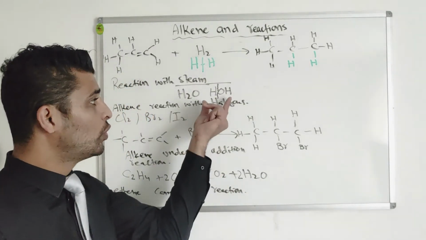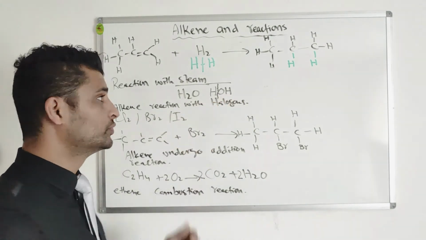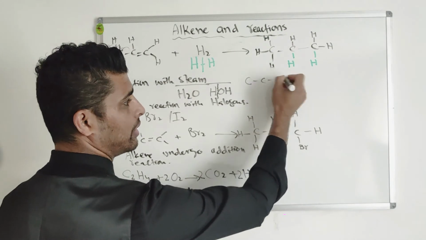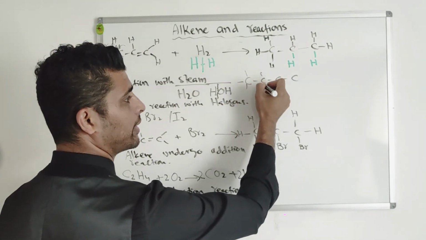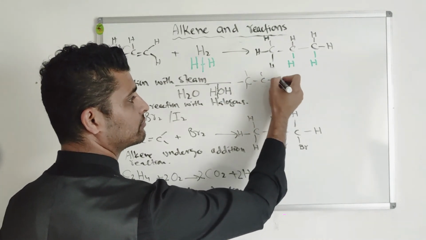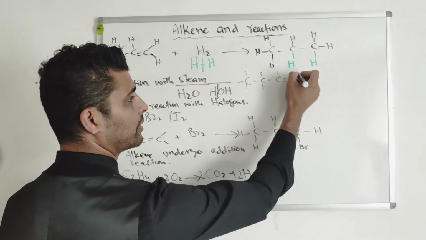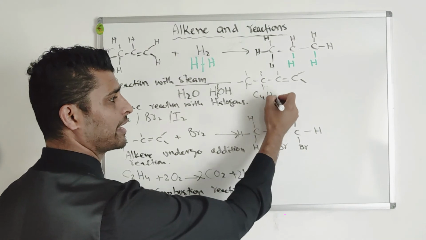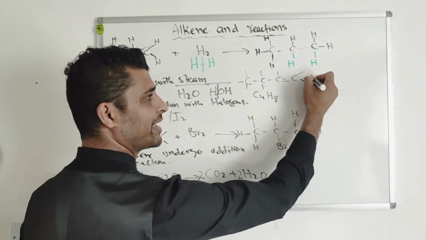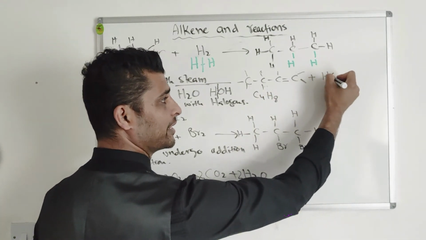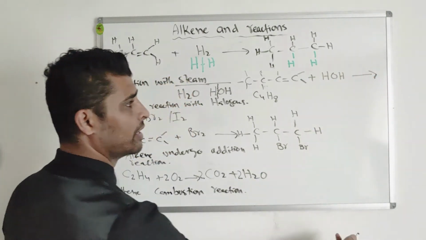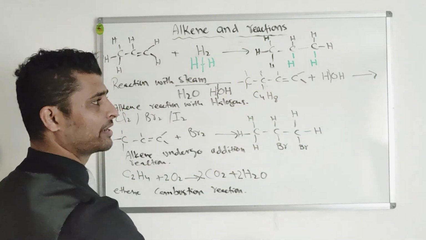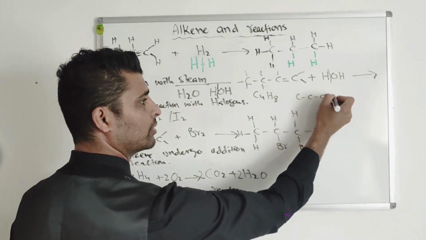Now because the water has two groups, you can have an alkene called butene, like that, which is C4H8. You're going to react with water, which is HOH, which is steam. Hydrogen will be added to one carbon and the hydroxyl group will be added to the other carbon atom.